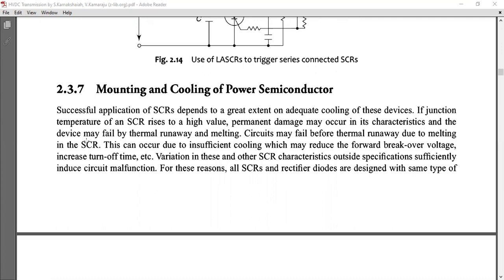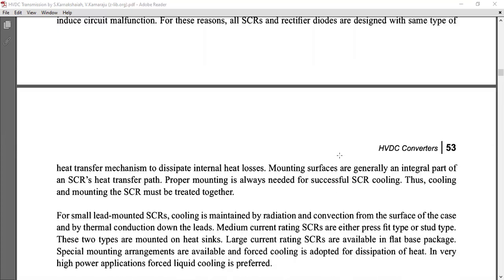This requires some mounting. Mounting means we have to mount them on a board at different spaces. We have to give some spacing and also cool the power semiconductor devices in order to get perfect characteristics.